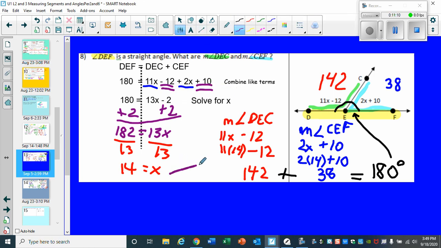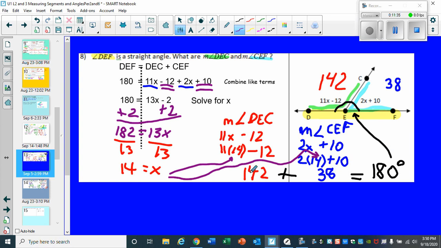Then you substitute. So then substitute here. And oops, right there. So we substitute 14 for x. 11 times 14 is 154. Minus 12, 142.